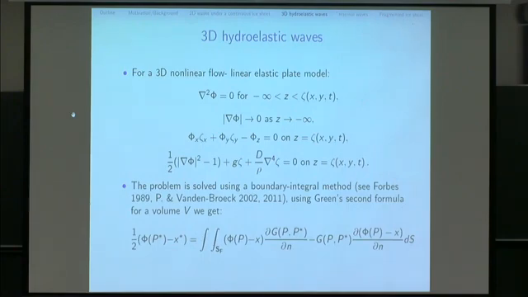We use the boundary integral method, which is based on Green's formula, and it was developed by Forbes and some other people before him for gravity waves. And so you have to solve basically these integral equations and the Bernoulli equation.